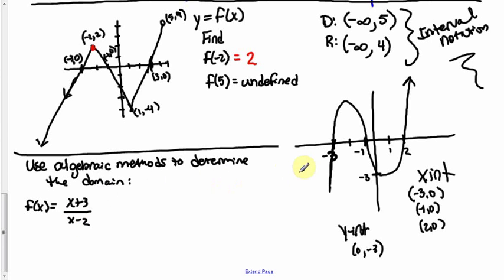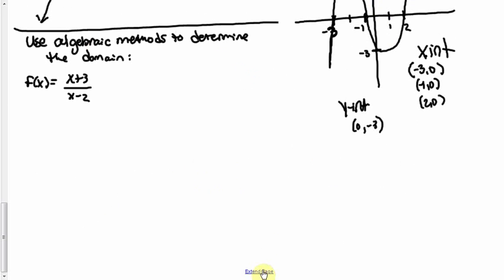So let's write that down somewhere. I'm not going to write it up here, but you write it down. Your domain will be every real number except those which cause the function to be undefined.